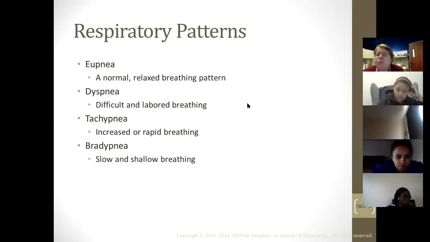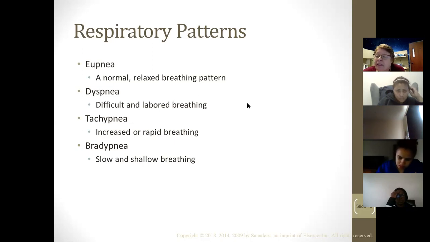So here are some words you need to know. The "eu" means normal, okay? So if you have eupnea or they're eupnic, they have normal relaxed breathing patterns, okay? Dyspnea means difficult, okay? Difficult and labored breathing.